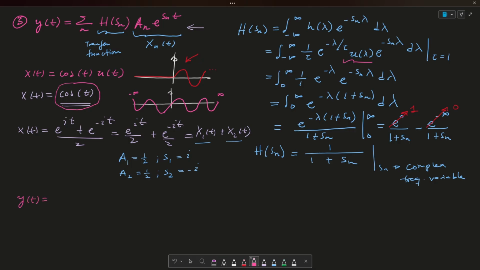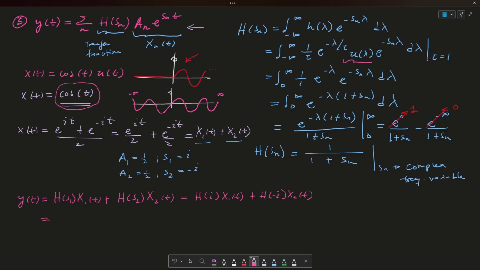So y of t is equated to h of s1 times x1 of t plus h of s2 times x2 of t. So then this is equated to h of i, which is s1, times x1 of t plus h of negative i times x2 of t.